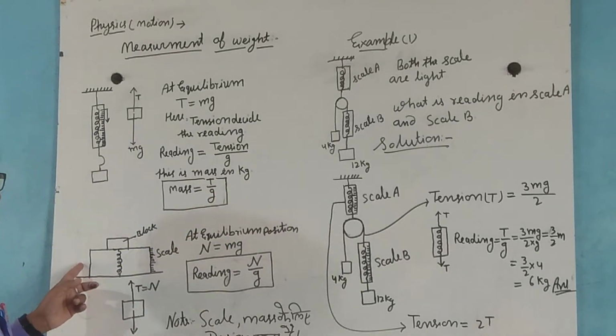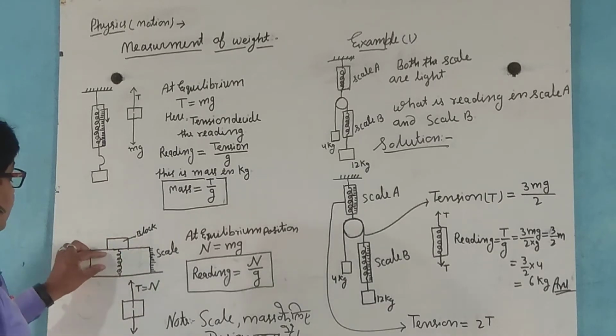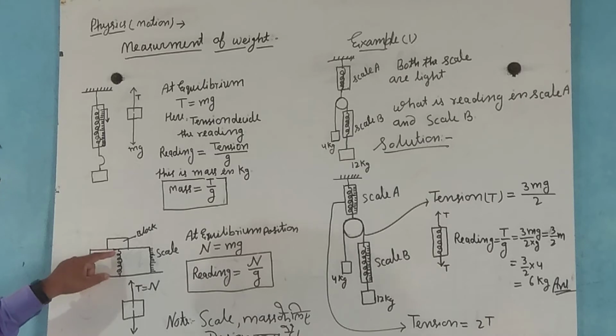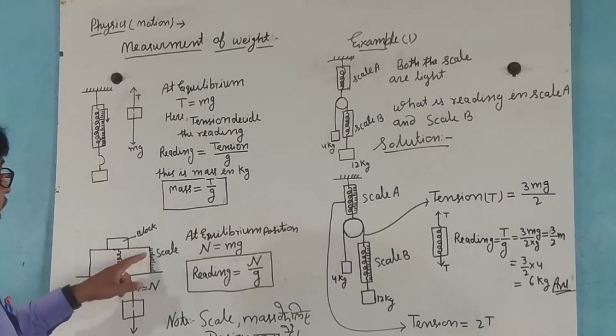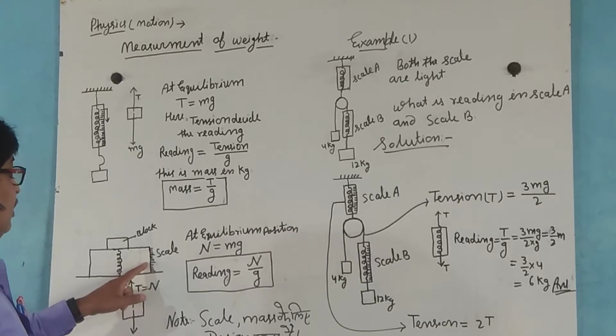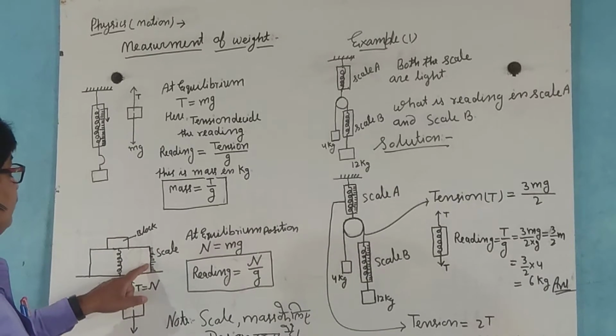Now we use the weighing machine here. This is a block, and in this case a spring is attached to this, and on the other side is the scale.